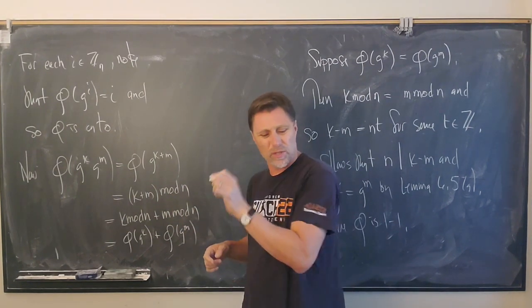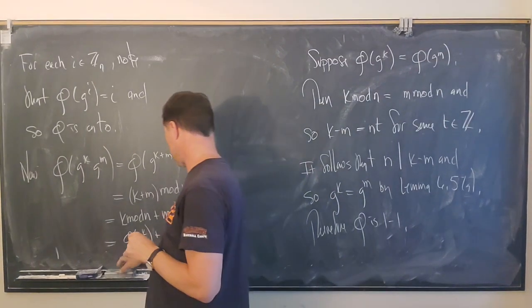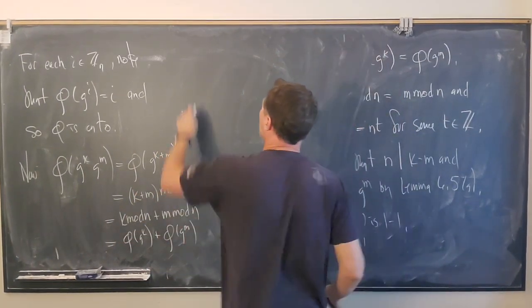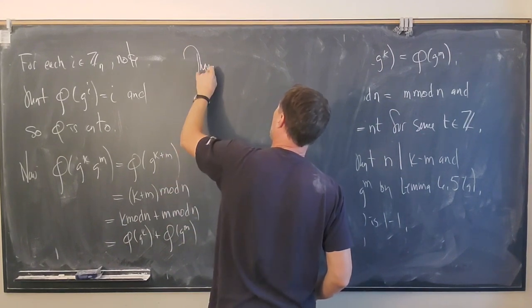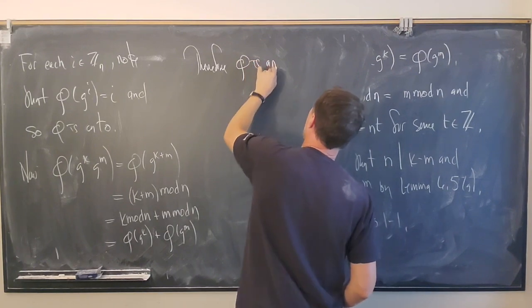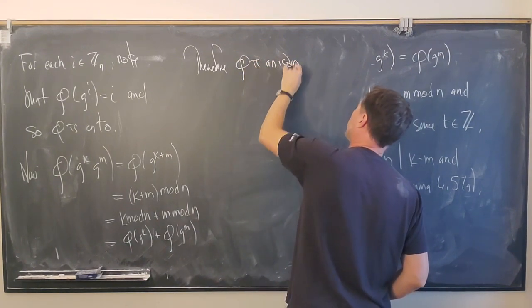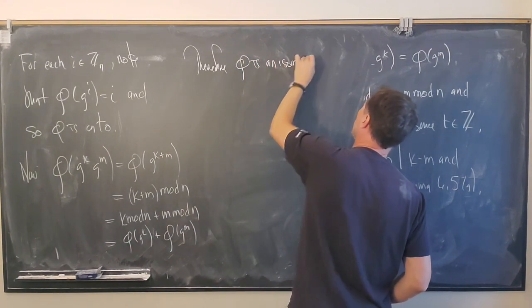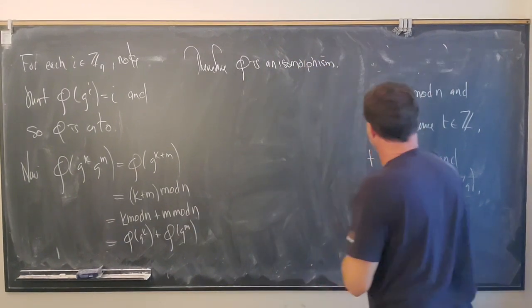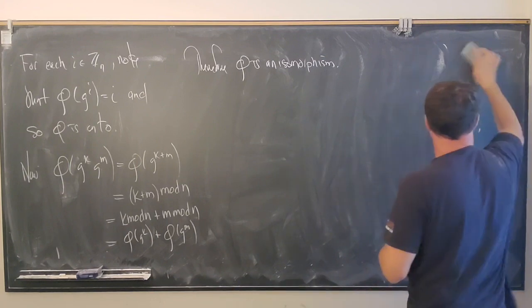I don't want to put a little subscript n there, but these both mean addition mod n. Therefore, phi is an isomorphism, and that's what we needed. So that completes the proof.